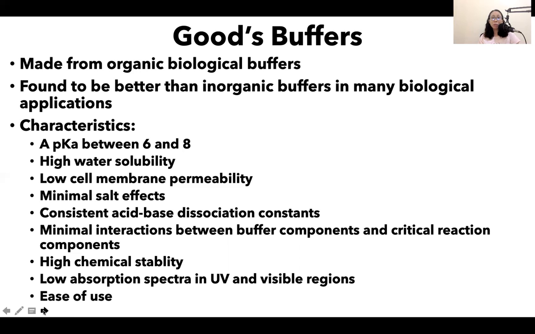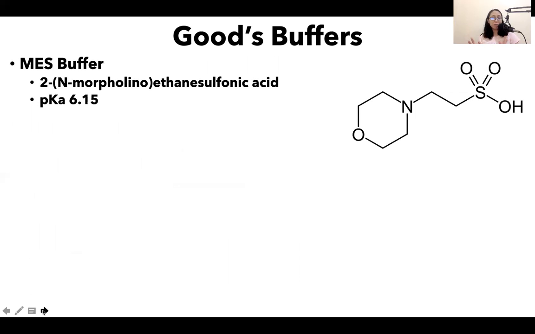An example of a Good's buffer is the MES buffer. MES is short for the name of the molecule, 2-(N-morpholino)ethanesulfonic acid. You have this ring structure, so that's where you get the morpholino, and then you have the ethanesulfonic acid part.